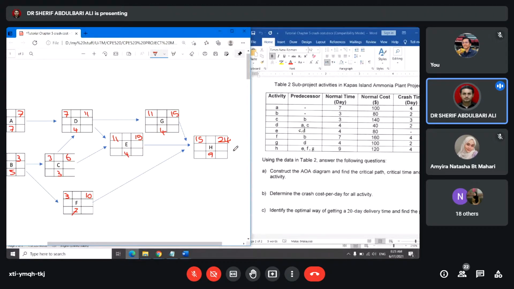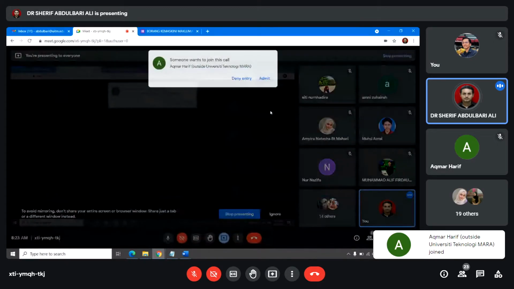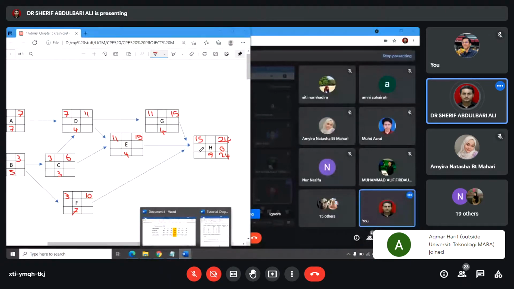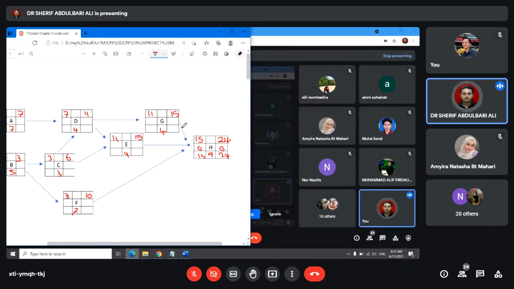Okay. So when we complete this one, we start for the backward chain. So here is going to be 24. So here is going to be equal to 0. So here's 15. So this is one of the critical path. So we take from here, it takes about this to here to come up.